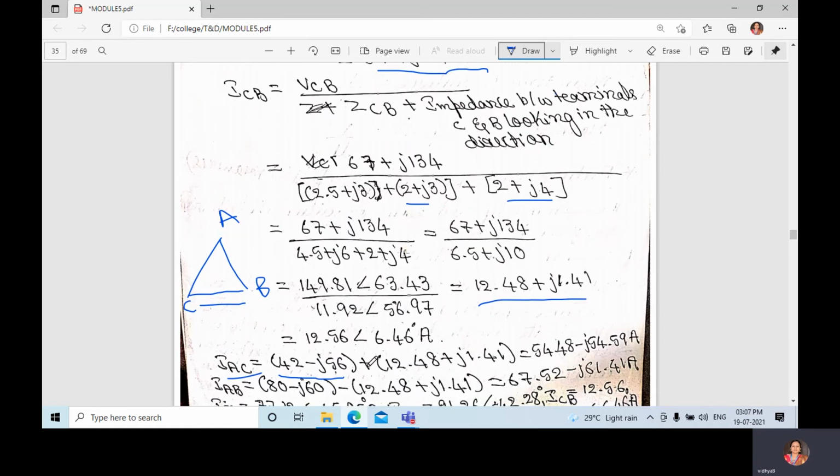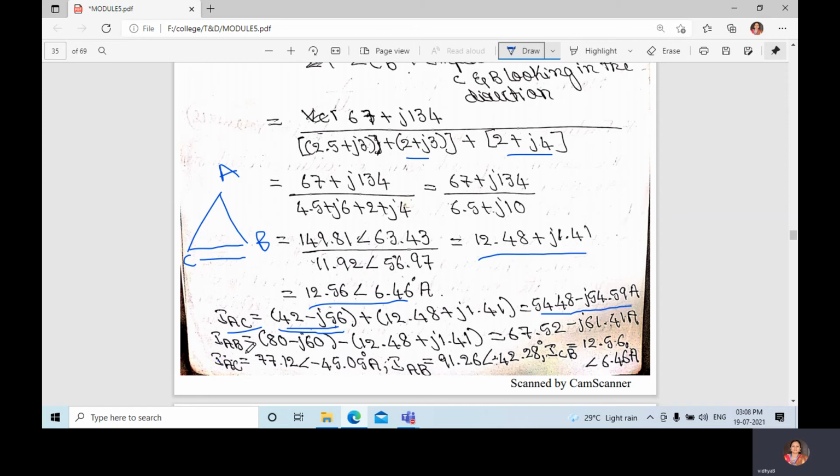So how can we find out between A and C? I have already told, in this line the two currents will be flowing. So they will add 42 minus j56, the current in section AC, plus what we got, the ICB value. Okay, so you will get 54.48 minus j54.59.